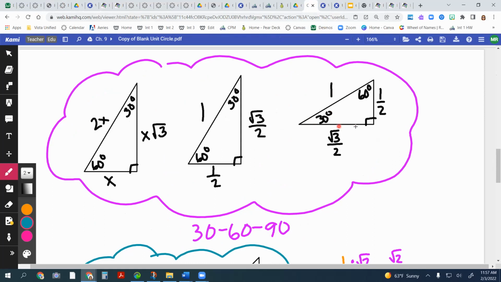Adjacent, which is √3/2, hypotenuse is 1. So it's just √3/2. My sine is opposite over hypotenuse. 1/2 over 1 is 1/2. So on the unit circle, the coordinates are going to be, these are going to be your cosines, these are going to be your sines. Because it's a unit circle with a radius of 1, your hypotenuse is 1.